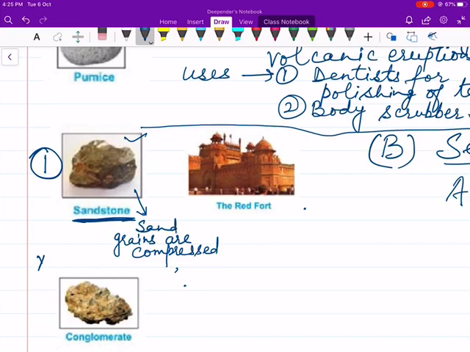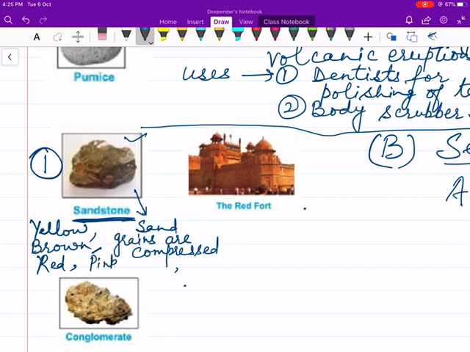And you see the color of the sandstone, it may be of different colors, that is it can be yellow, brown, red as well as pink.